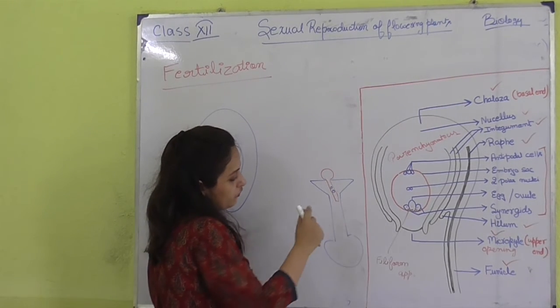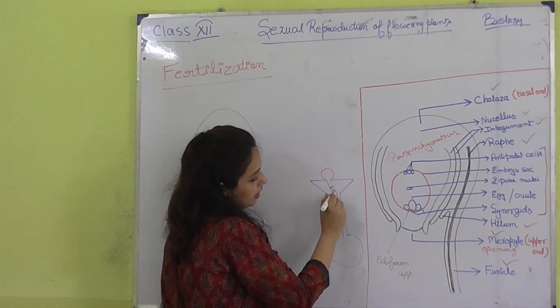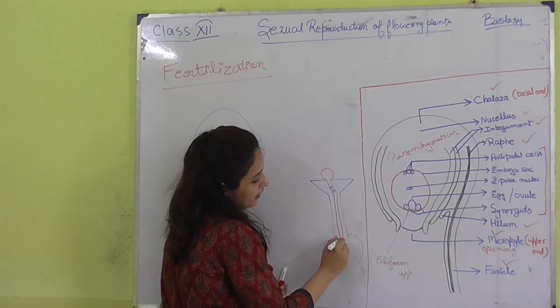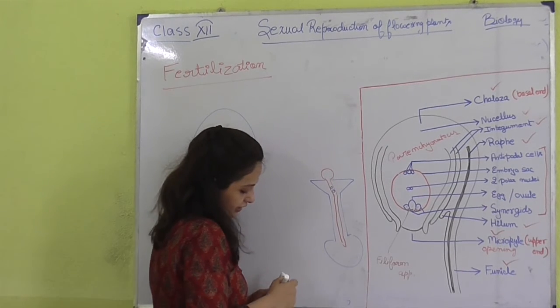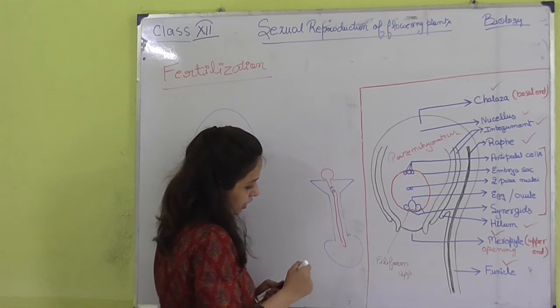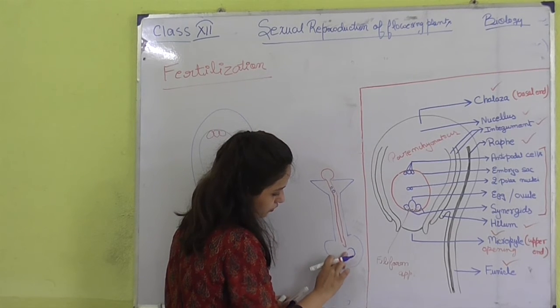This pollen tube will cut through the style, and it will take these 2 male gametes inside the ovary where the ovule is present. This is, suppose, the ovule.